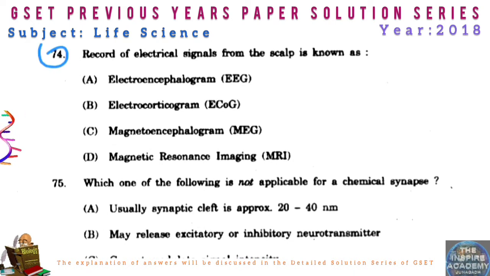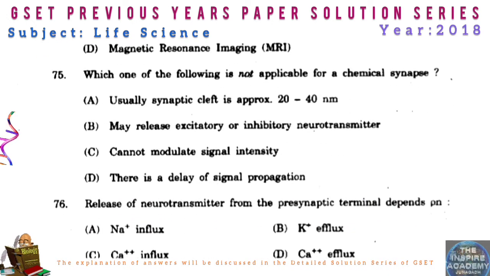Record of electrical signals from the scalp is known as electroencephalogram, EEG. Question number 75. Which one of the following is not applicable for a chemical synapse? Cannot modulate signal intensity. This is not applicable for a chemical synapse.